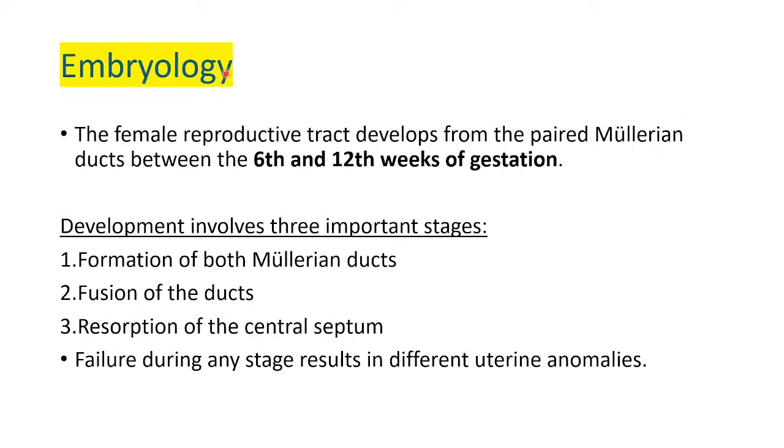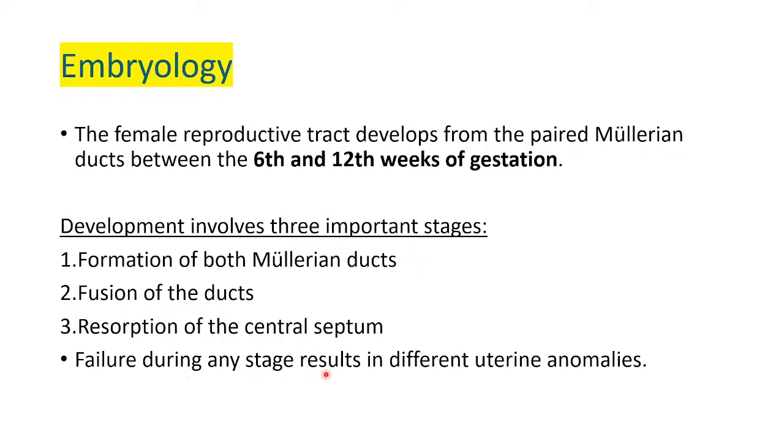So, the embryology of uterine development. The female reproductive tract develops from the paired Mullerian ducts between the 6th and the 12th weeks of gestation. Development involves three important stages: formation of both Mullerian ducts, fusion of the ducts, and resorption of the central septum.